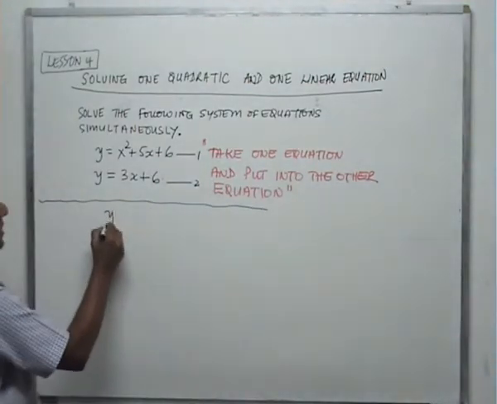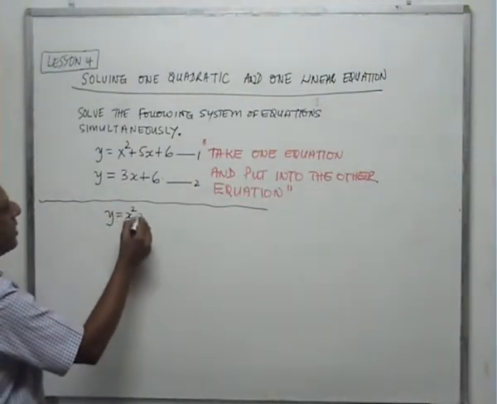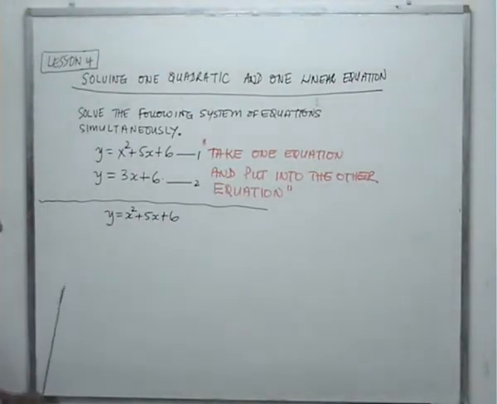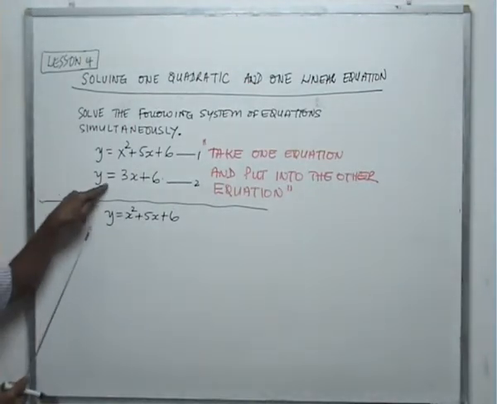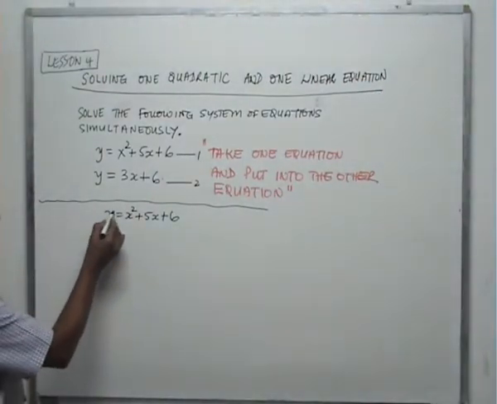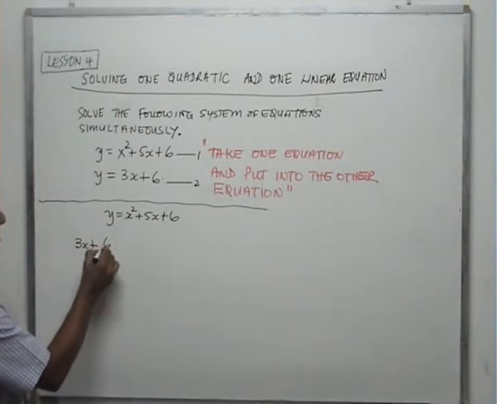You'll take equation 1, y is equal to x squared plus 5x plus 6. And then you'll take equation 2. You can see that it is written y is equal to 3x plus 6. That means where there is y, I can actually write 3x plus 6.